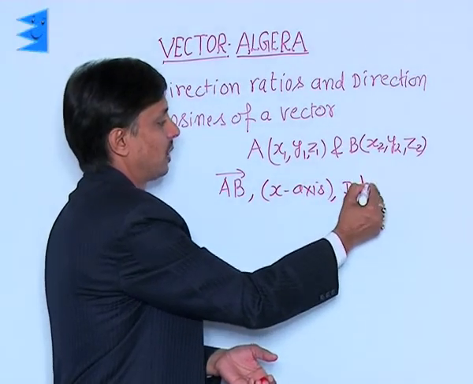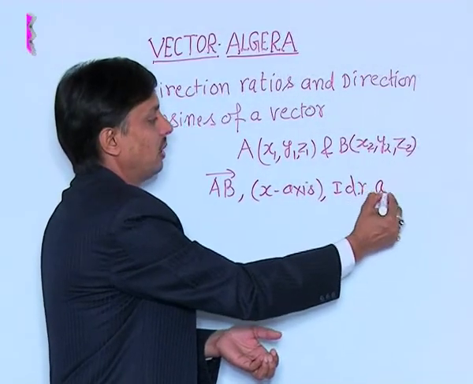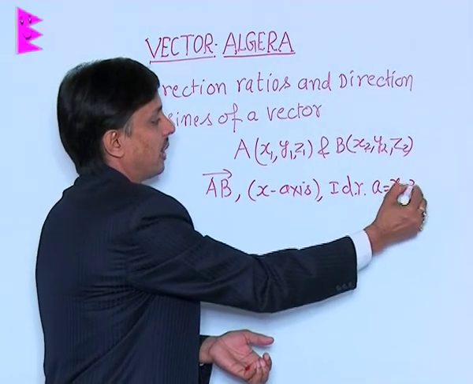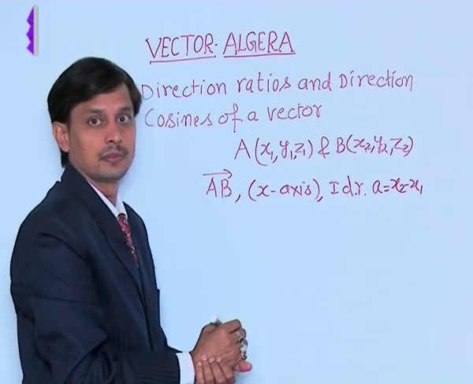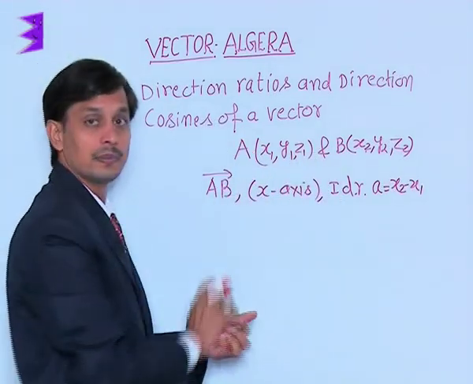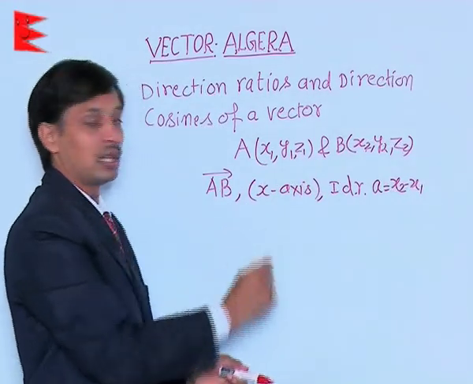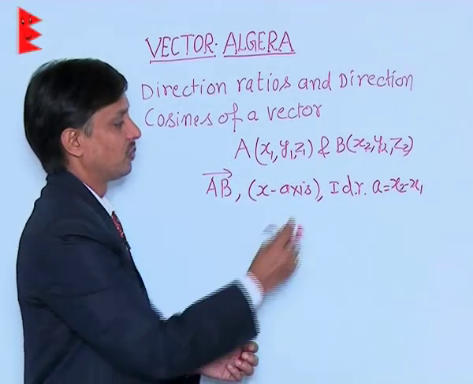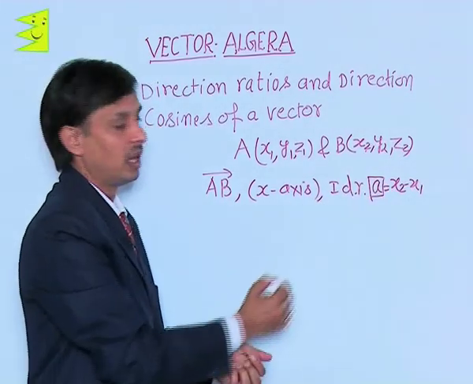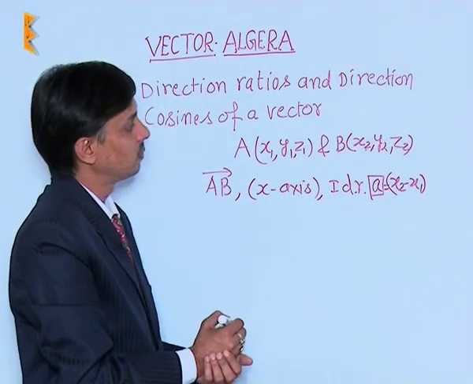This is the first direction ratio, represented by A and given by x2 minus x1. If AB is the vector, then the component of this vector in the direction of the x-axis is the first direction ratio A, x2 minus x1.